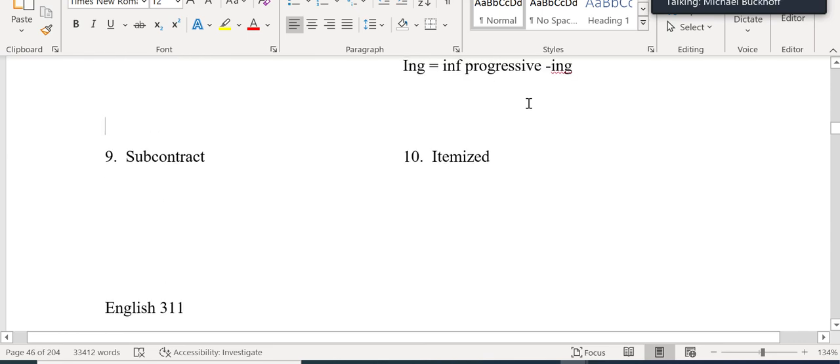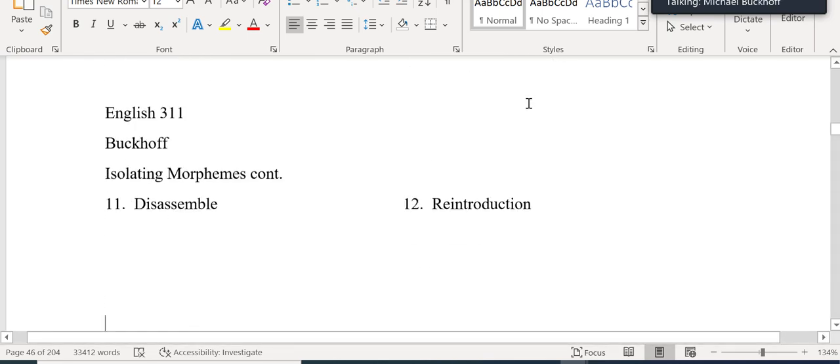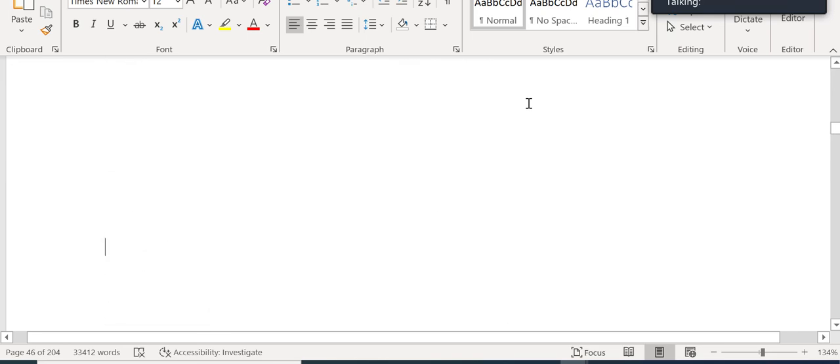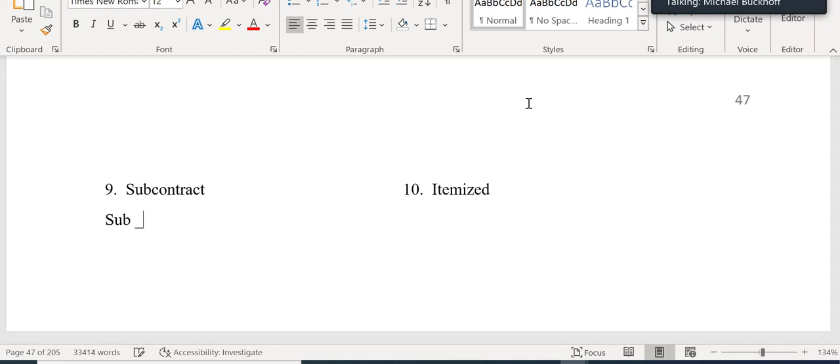Okay, let's look at this one for a minute. Let me move this down. Okay, so subcontract. How many morphemes do you guys see here? Two. Good. So sub plus contract. The root equals contract. And then sub, derivational or inflectional?